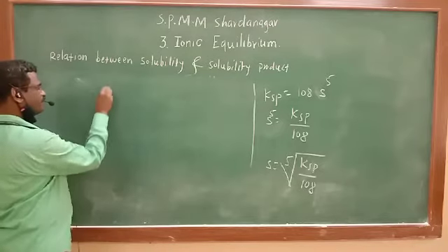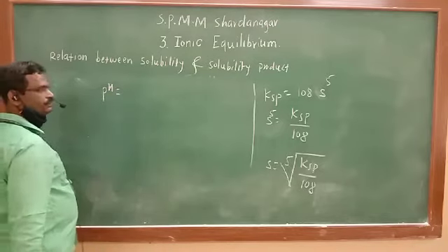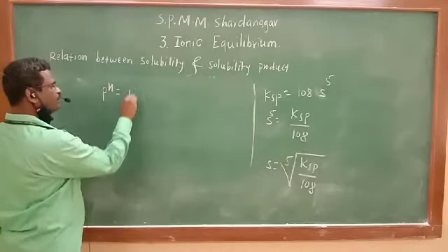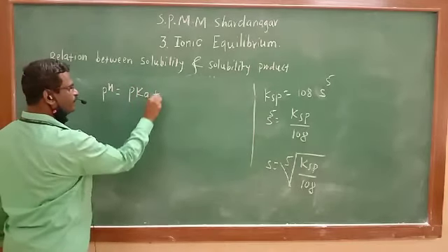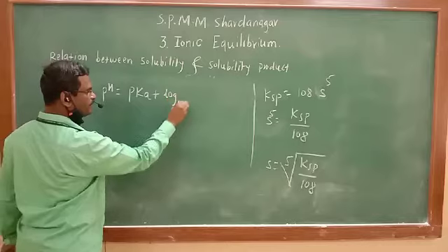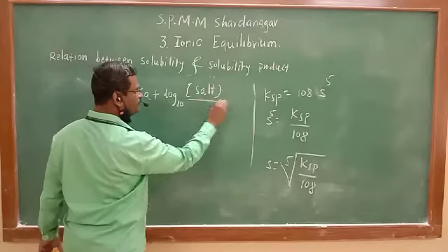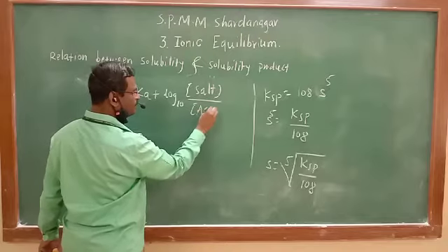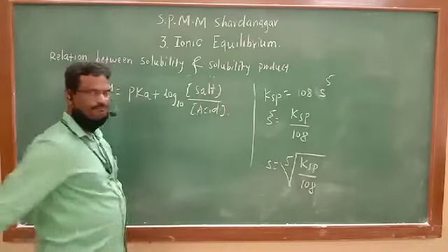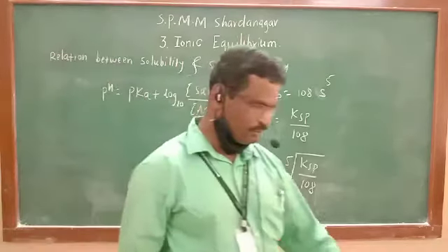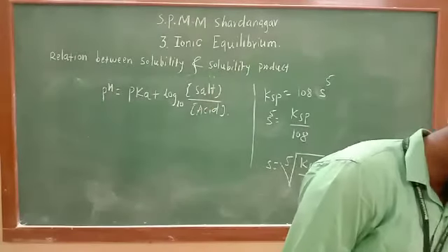pH of acidic buffer, pH will be equal to pKa plus log to the base 10 of concentration of salt upon concentration of acid. For a buffer solution, this is the equation they have given.